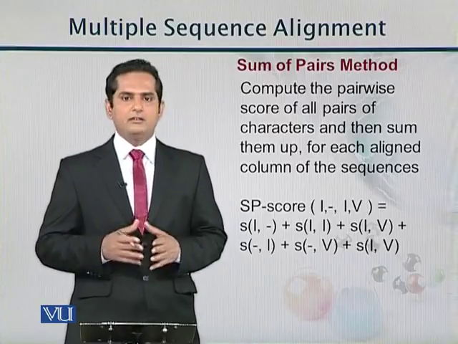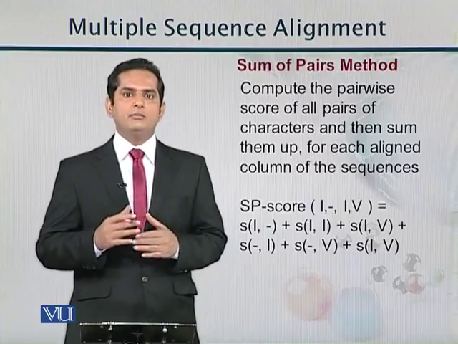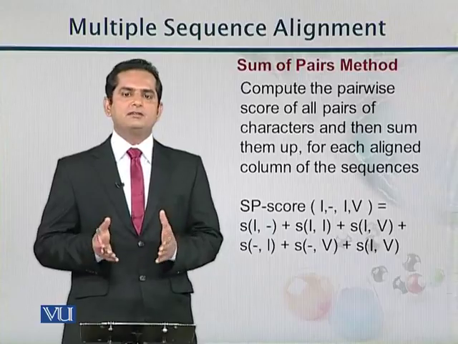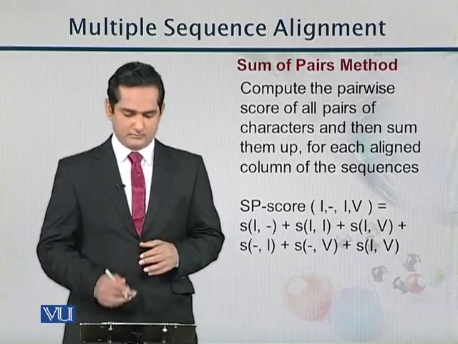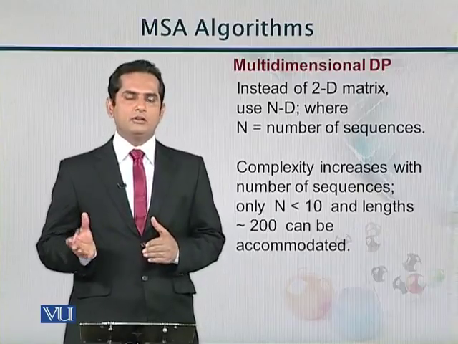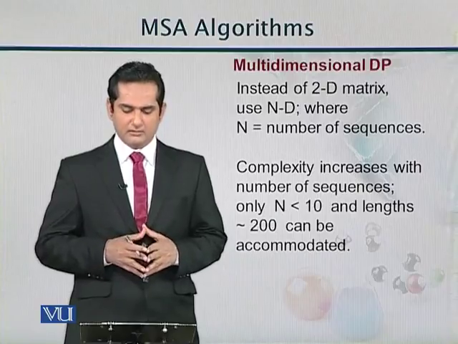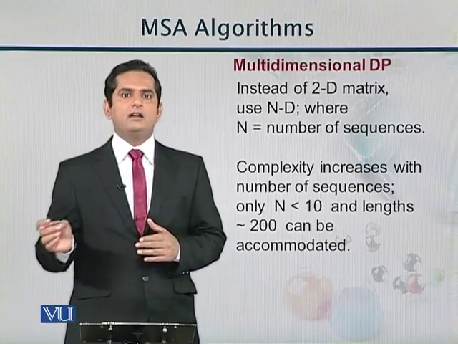As can be seen, with an increasing number of characters, it would be a very extensive computational alignment. So what is the solution? Before going into the solution, let's see what the problem is. For a 2D matrix, we are converting into an n-dimensional matrix.